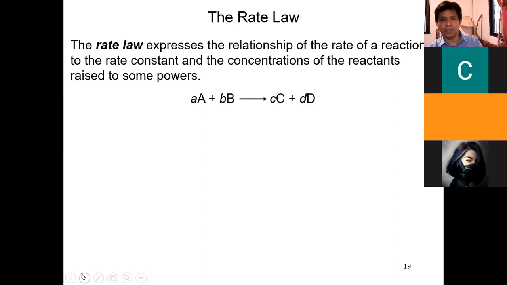Halimbawa, this is the general reaction: aA plus bB gives you cC plus dD. So ang rate ng reaction can be expressed as rate is equals to K times concentration of A, this is your rate constant, raised to X, times concentration of B raised to Y. So tingnan nyo, mga reactants lang yung nandito sa rate law, because hindi usually ginagamit yung products.